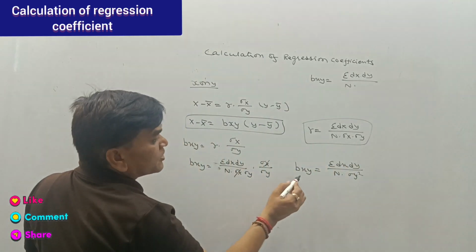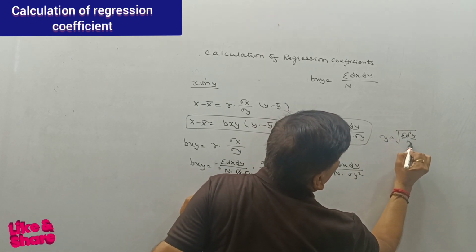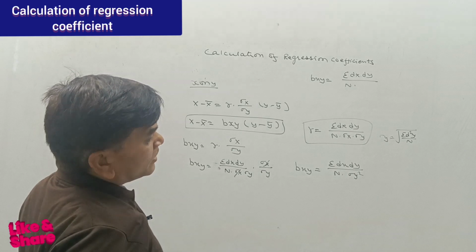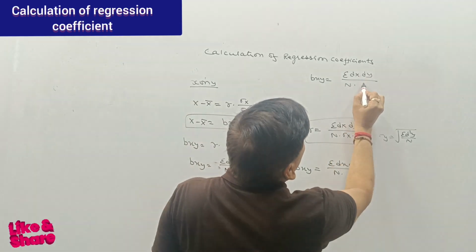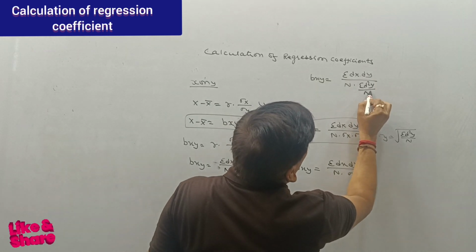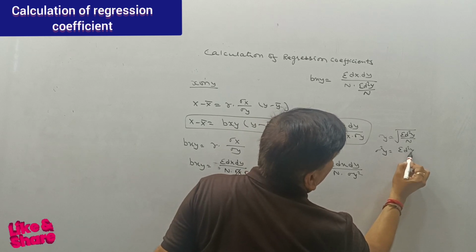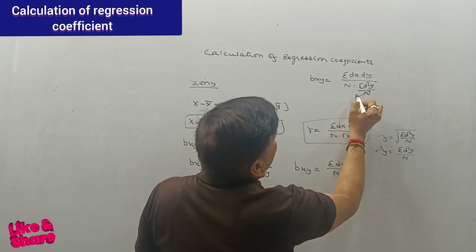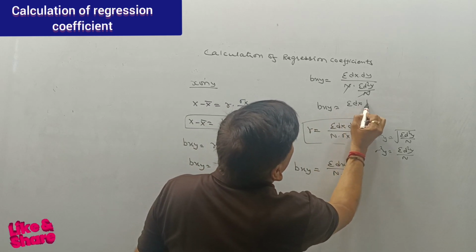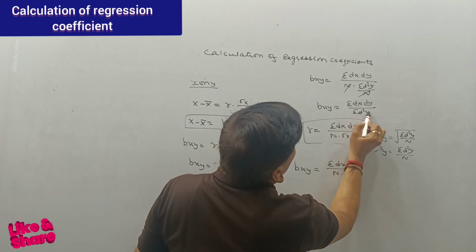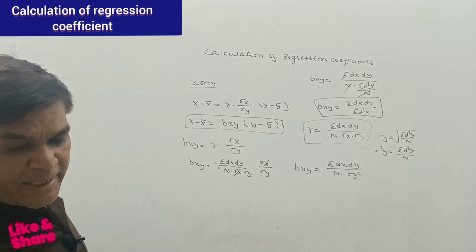Standard deviation x square is sigma d square x upon n. So n cancels with n. So the bxy value will be sigma dx dy upon sigma d square x.